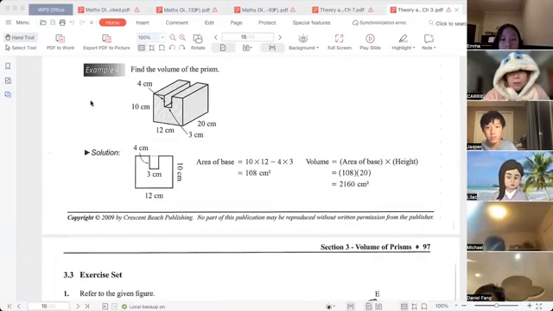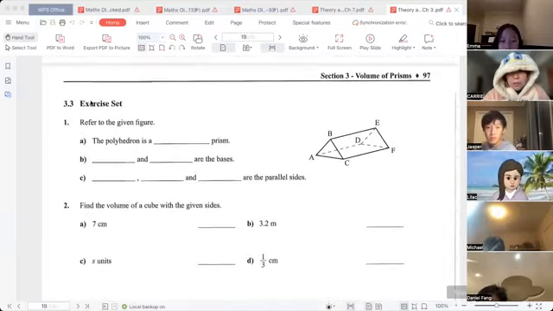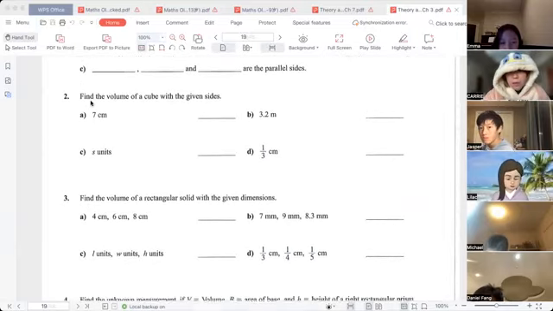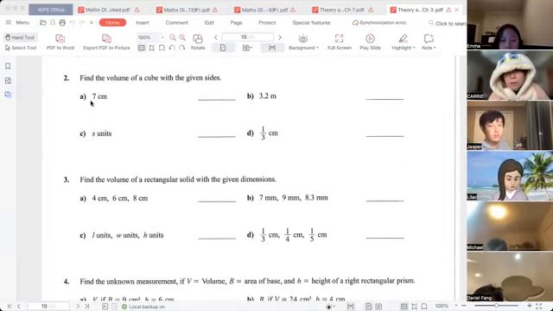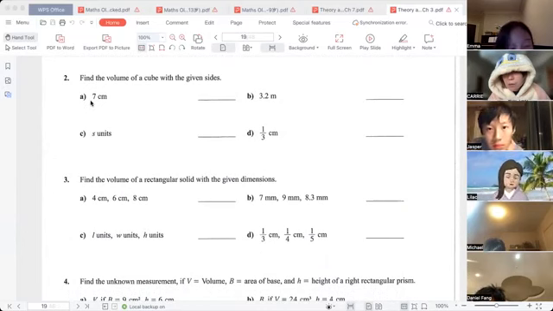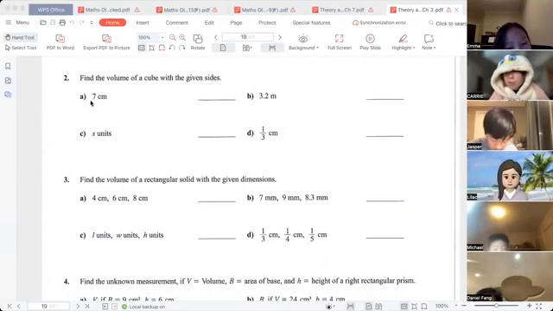Okay. If you understand, we're going to do something easy. Number 2, find the volume of a cube with the given sides. Michael, what is the meaning of a cube? Cube means each side is equal, okay?